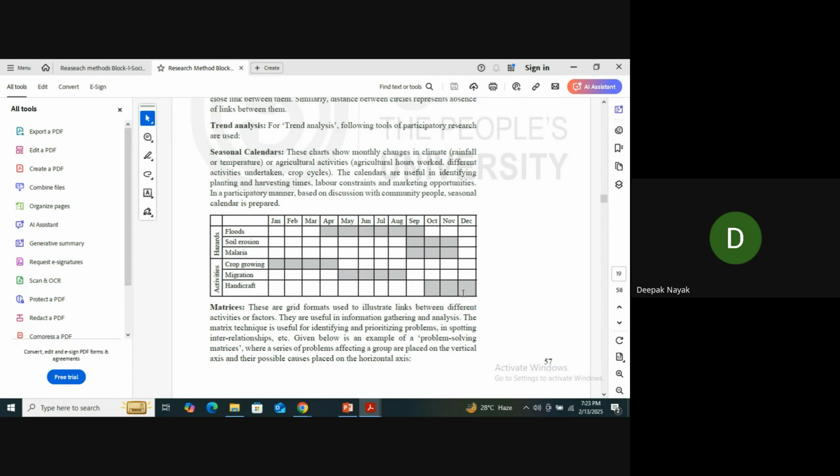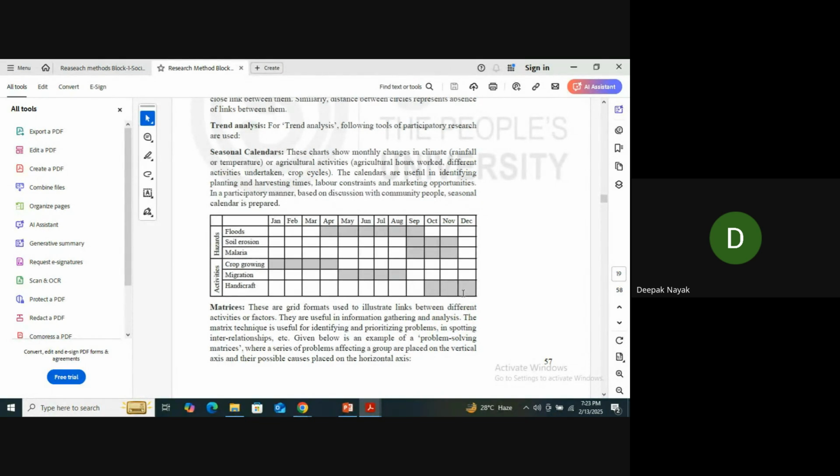That occurs in September, October, November, and December. And this one, crop growing happens in which month? This one, January, February, March, April. In these months, crop growing or sowing happens in the rural villages. And in which months do they migrate?